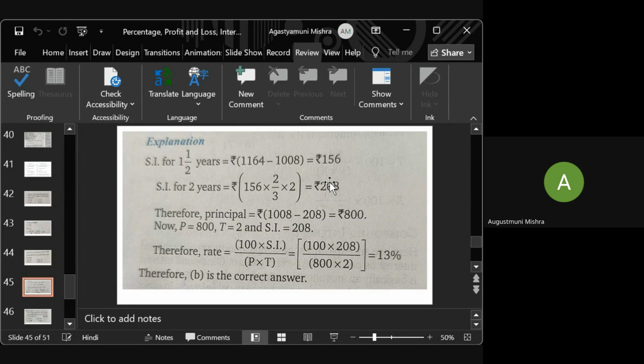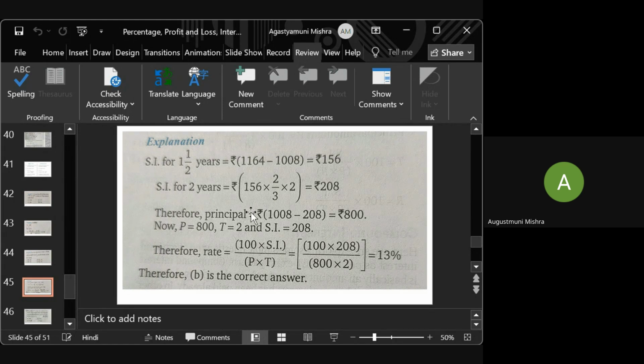So 2 3s are 6, 7 by 2. So there you can just find out this year, like 2 1s are 2, 4 3 by 2. That year you will find out. Then you will just find out the difference. That is 156. Then for the 2 years, you have to just put it into the formula. Okay. Then you will get the SI, simple interest, for 2 years.